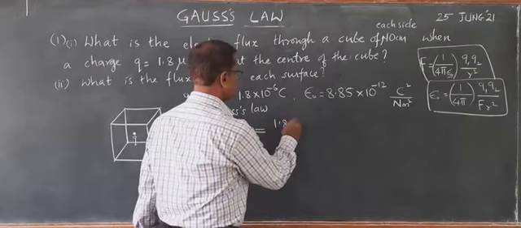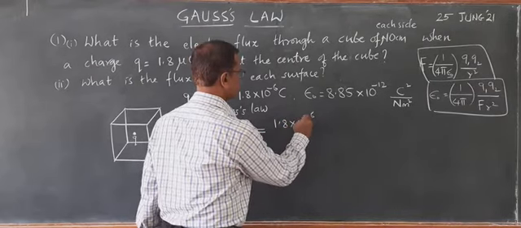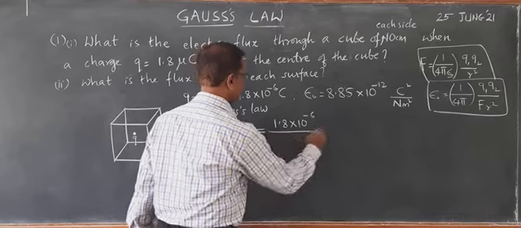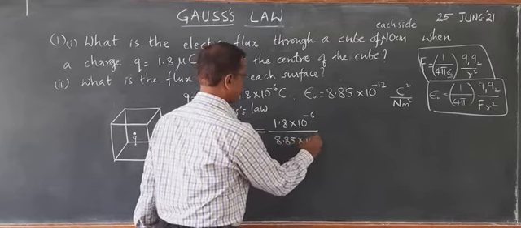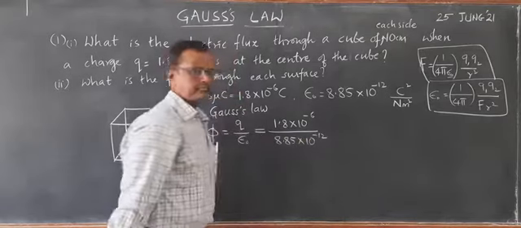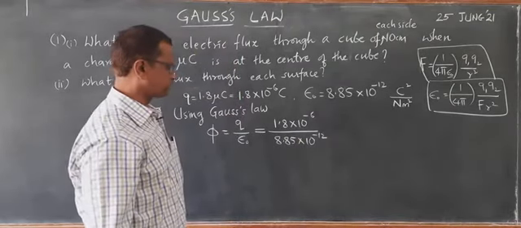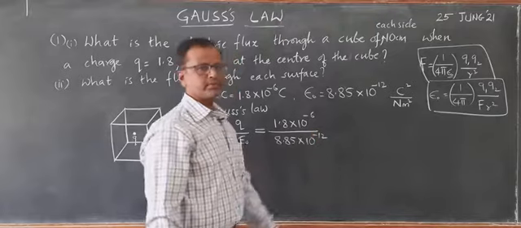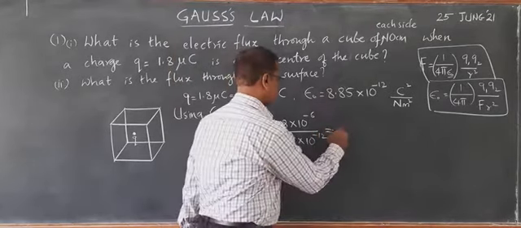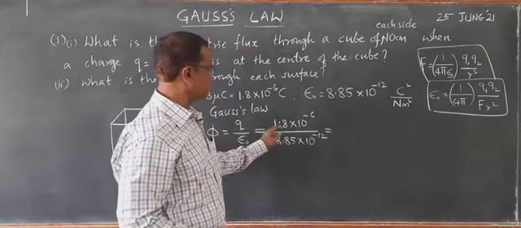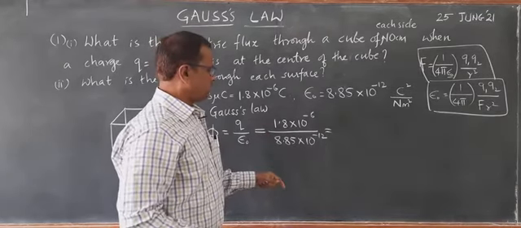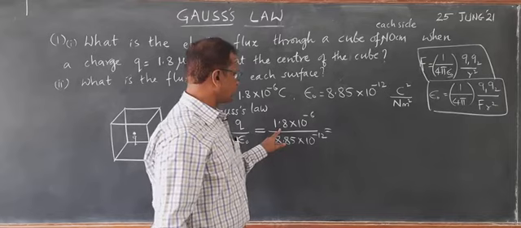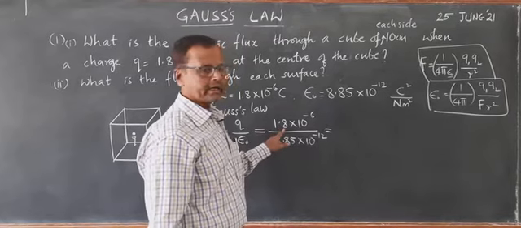1.8 into 10 raised to minus 6 divided by 8.85 into 10 raised to minus 12, right? Take this 10 raised to minus 12 to the numerator, and I can write 1.8 as 18 by 10.